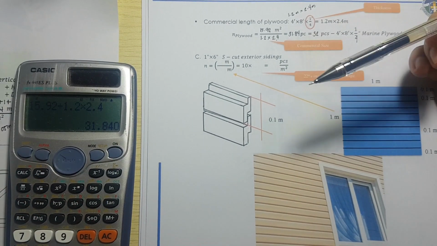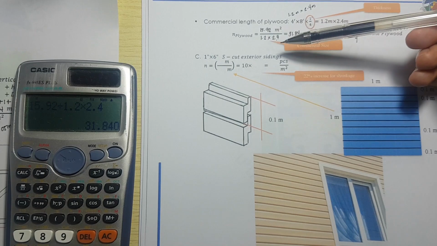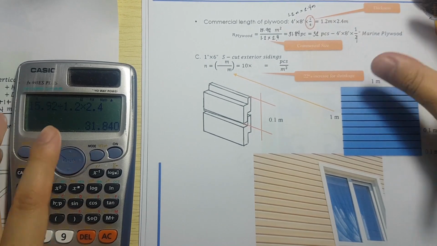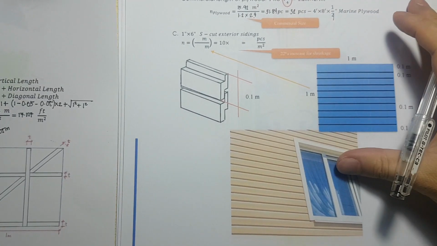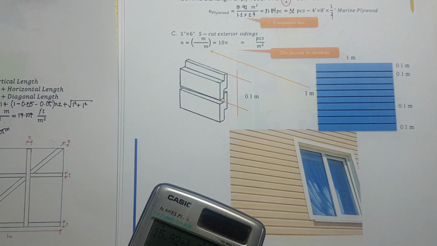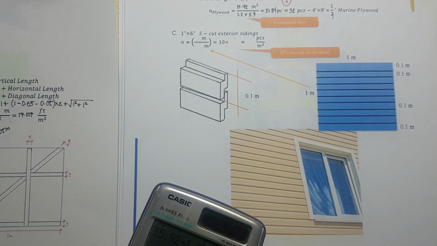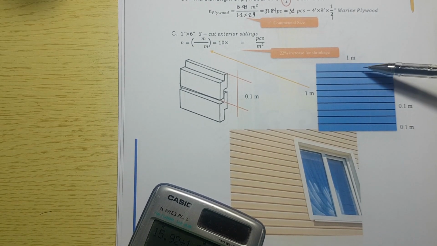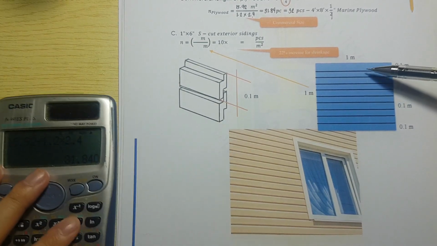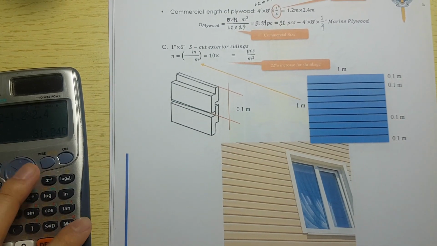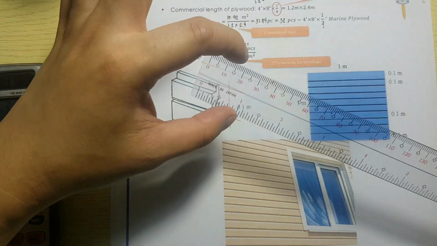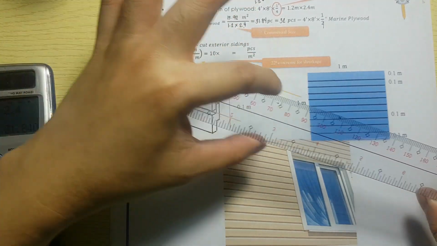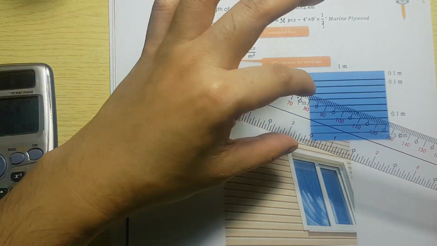Okay, so for the S-cut, exterior sidings, we are going to use again the 1 meter by 1 meter. So, titignan natin kung ilan magkakasyang S-cut sa isang 1 square meter. Now, take note that the width of your S-cut is 4 inch, or that is 0.1 meter.